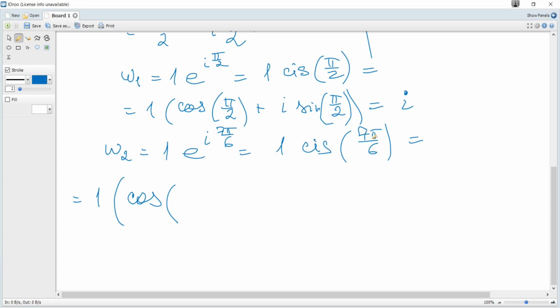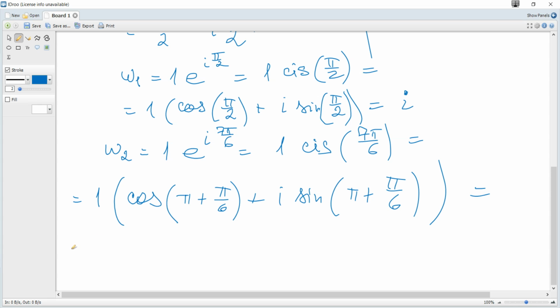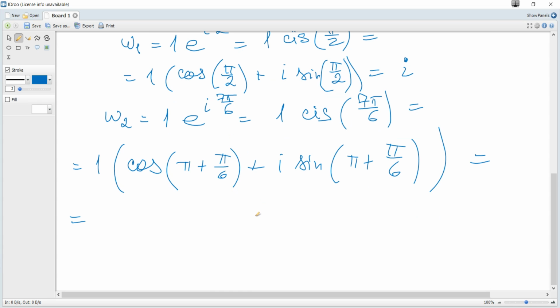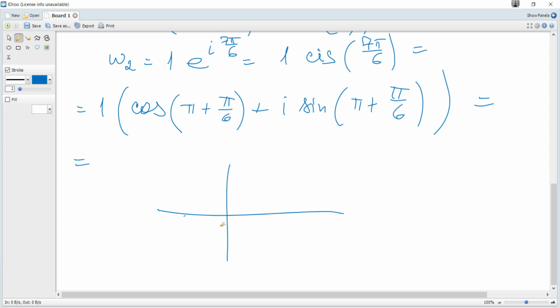But we can see that 7 is 6 plus 1, so it looks like pi plus pi over 6, plus i sine also pi plus pi over 6, and it becomes what? Cosine of pi plus something.